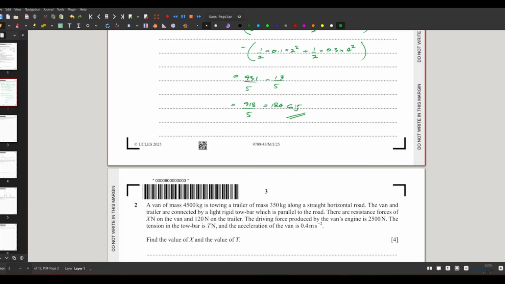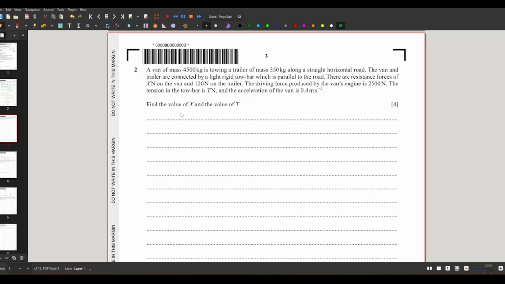There are resistance forces of X newtons on the van and 120 newtons on the trailer. The driving force produced by the van engine is 2,500 newtons. The tension in the tow bar is T newtons and the acceleration of the van is 0.4. Find the values of X and the value of T.